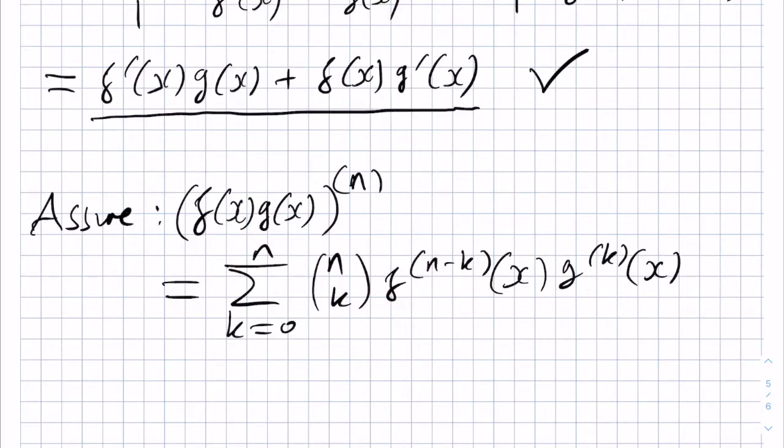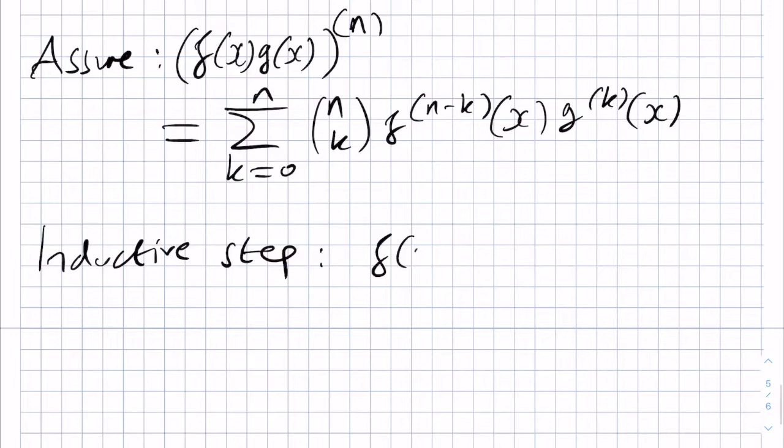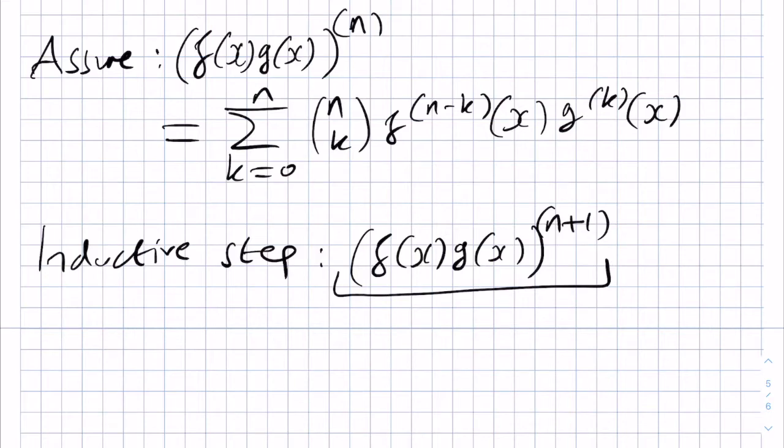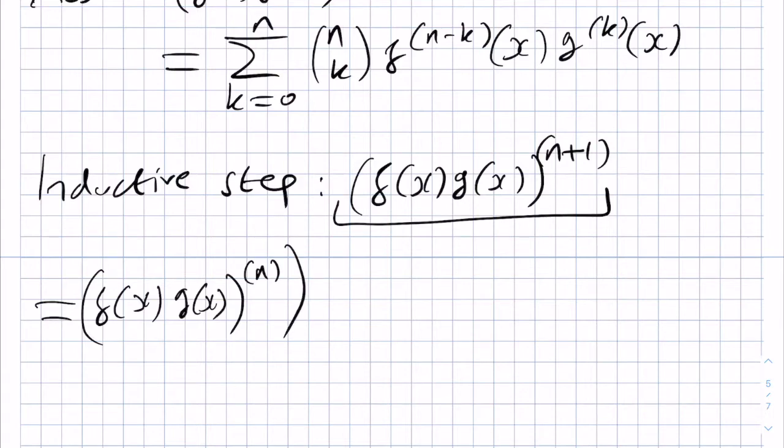And so next we should take our inductive step, i.e. we should look at differentiating our product f times g n plus 1 times. So how exactly should we relate this differentiation n plus 1 times to our inductive assumption which occurs for n derivatives? Well, we can do this by first taking f times g, differentiating this n times, and then differentiating the entire result once more.